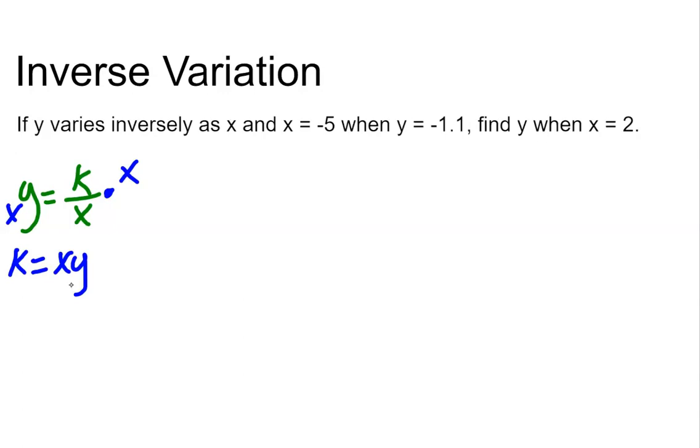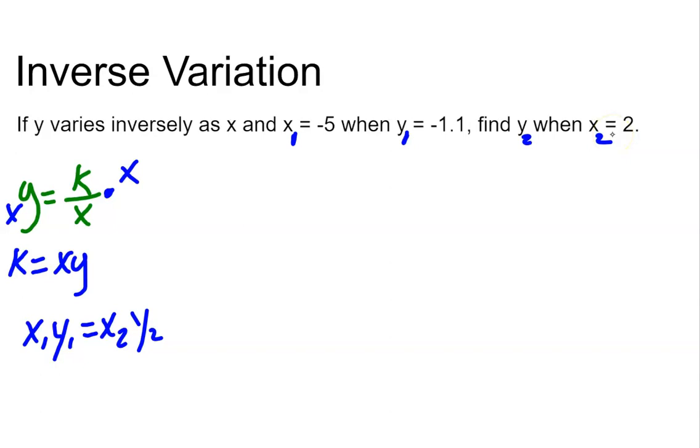And if I have two equations like that, they both equal k, I'm going to have a formula of x1, y1 equals x2, y2. So now if I look at my example, if y varies inversely as x, and x1 is -5 and y1 is -1.1, find y2 when x2 is 2.